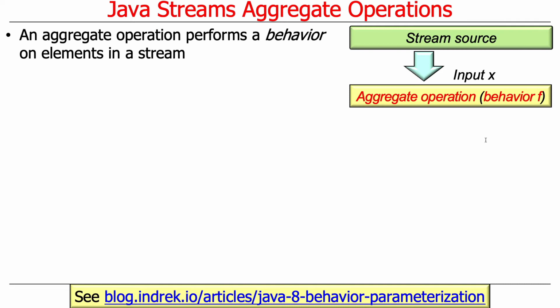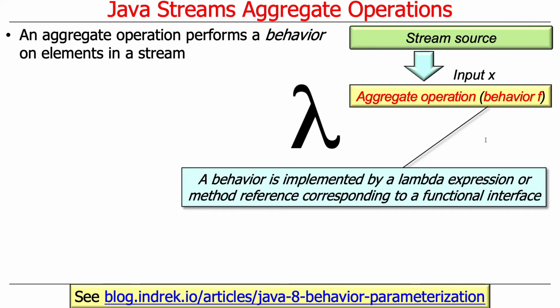Aggregate operations, as I alluded to earlier, perform a behavior on elements in a stream. And this is part of this behavior parameterization thing we talked about before that's so cool. Behaviors are implemented by lambda expressions or method references that correspond to a so-called functional interface. What is a functional interface?